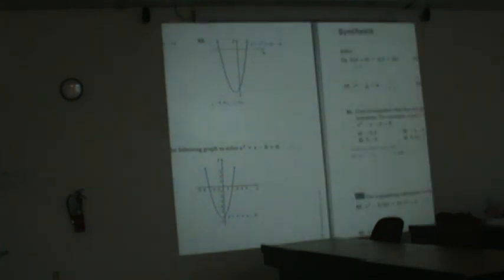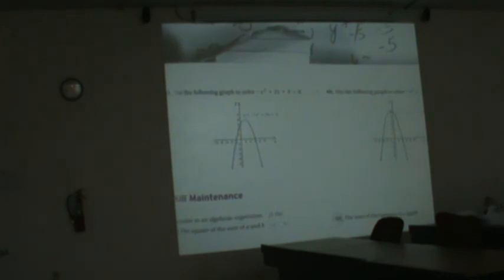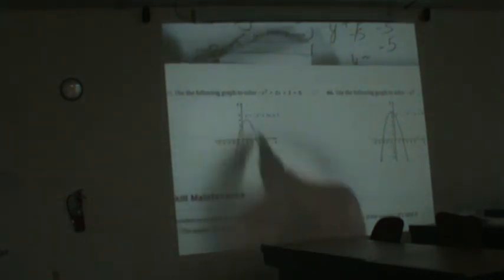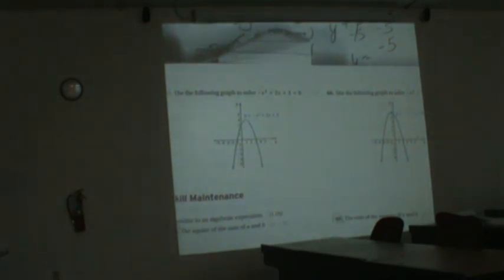These graphs right here, that's hard to see. These go down, so they have the negative x squared, and the other two are your homework.